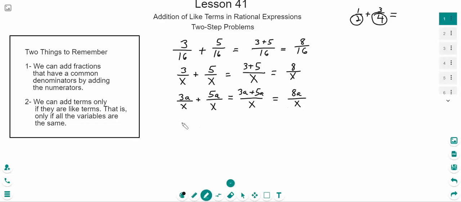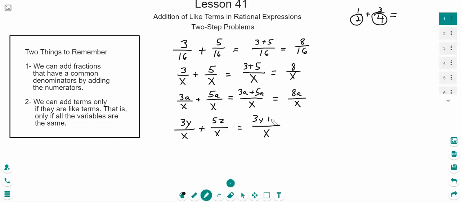Okay? Let's try another one. What about if I've got 3y over x plus 5z over x? Can I combine these? Well, again, we've got the same denominator, so it's all going to be over that denominator, the x. And then in the numerator, we're going to have to add these other numerators.